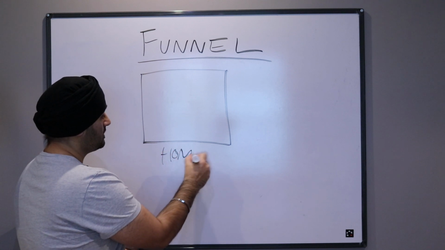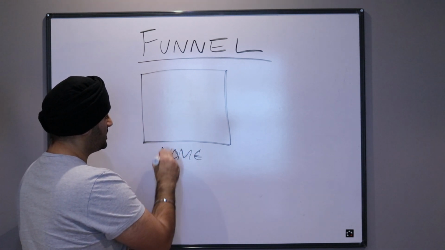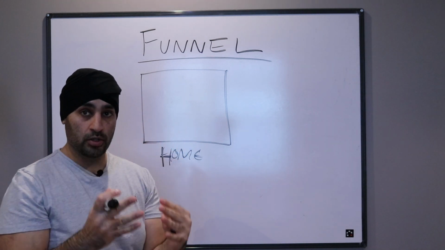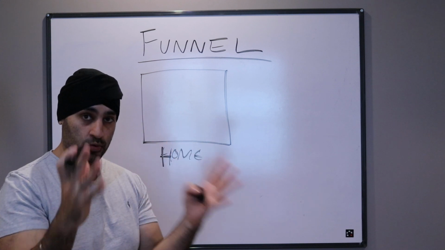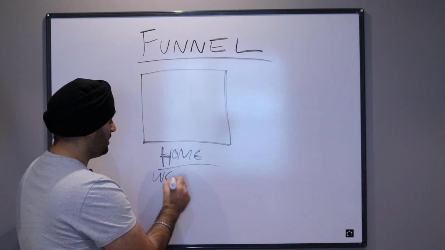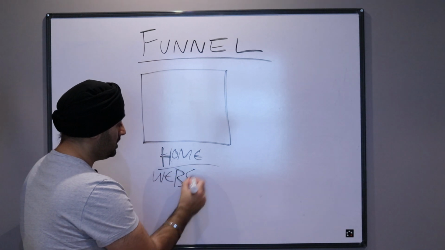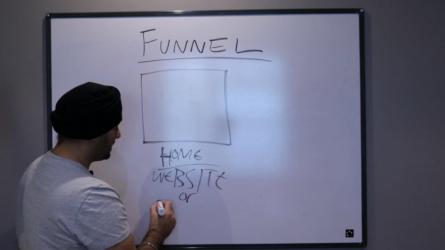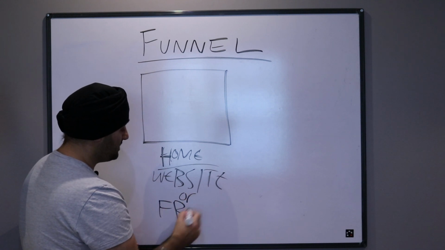This is your main hub, where you send people to, or where you do your work. Typically this could be a website, but it could also be something like a Facebook page.